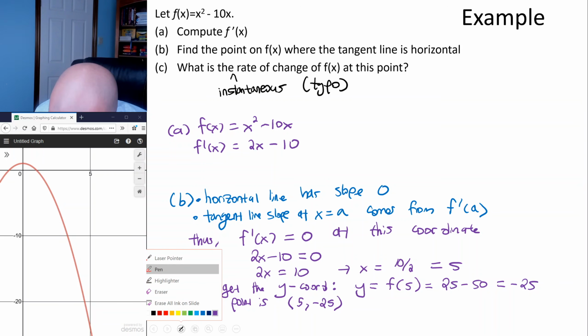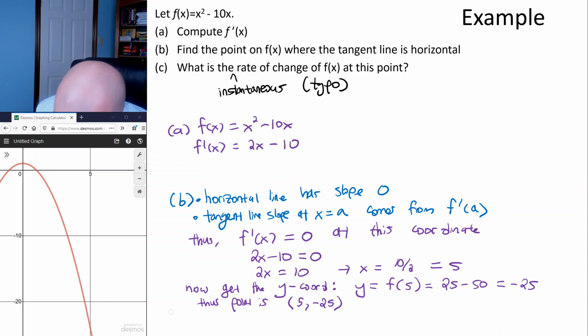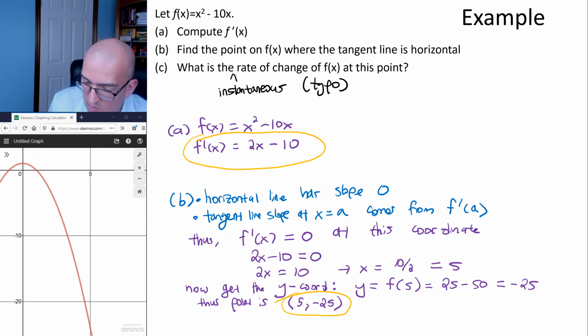Okay, and then there's one more part. It's actually not a calculation, it's an interpretation. What is the rate of change at this point? Well, the rate of change at this point is 0.